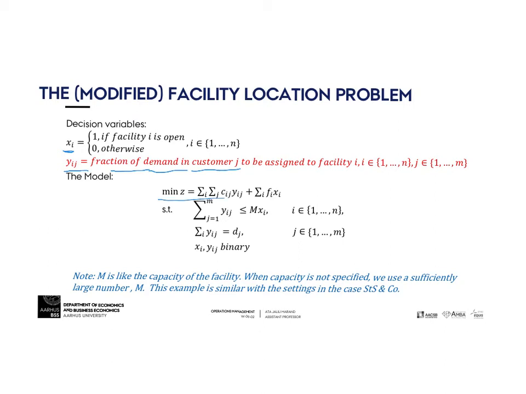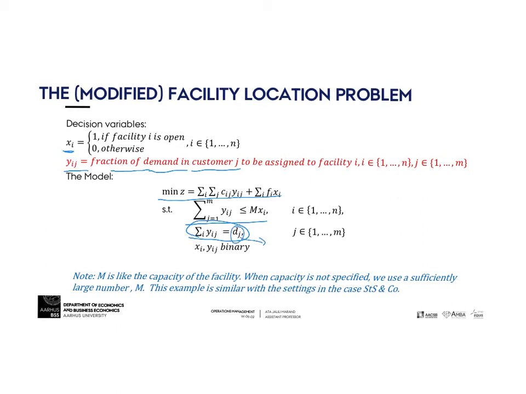So we can see the objective function is the same. We still use the constraint sum over j of y_ij less than or equal to M x_i. Here we have a new constraint about y_ij. The total y_ij assigned to one customer j, summed over facilities i, equals the demand of the customer.